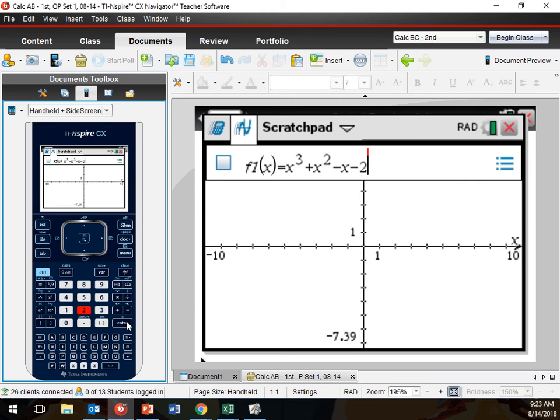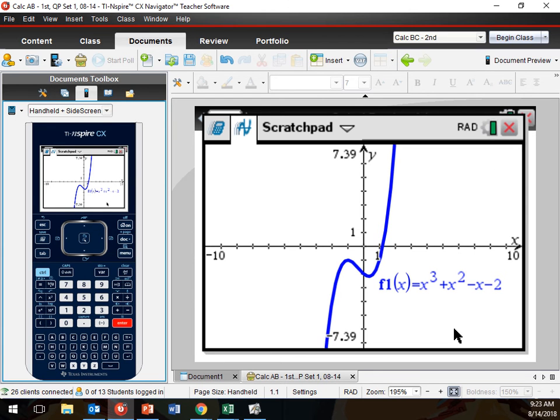And what's the only thing that matters in here? The x between 1 and 2.